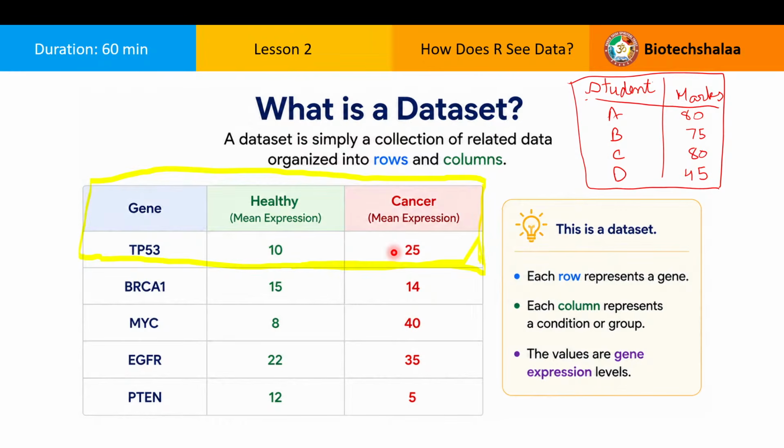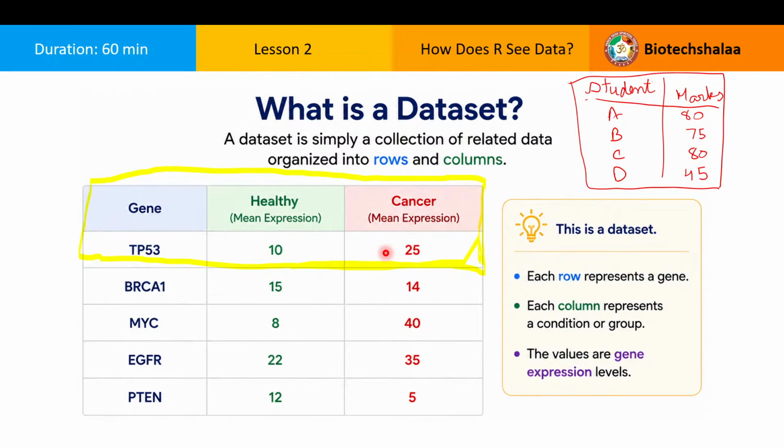Here's something I want you to remember, that there are two different things. First is data, and here we have the data. We have the gene, we have expression in healthy cells, and we have expression in cancer cells. The computer only sees the numbers. As I just said, there is nothing written here that TP53 has higher expression in cancer.